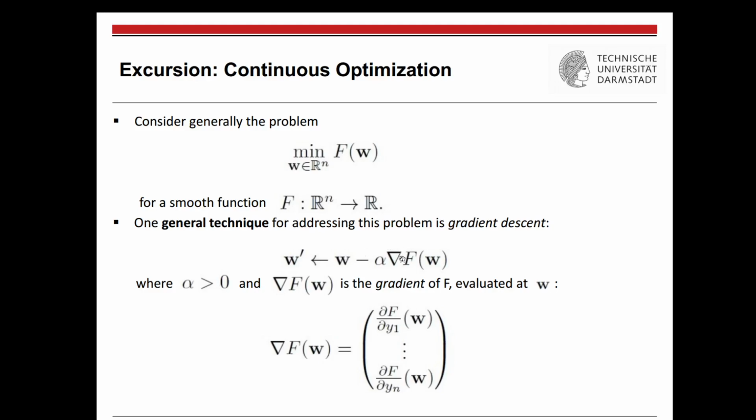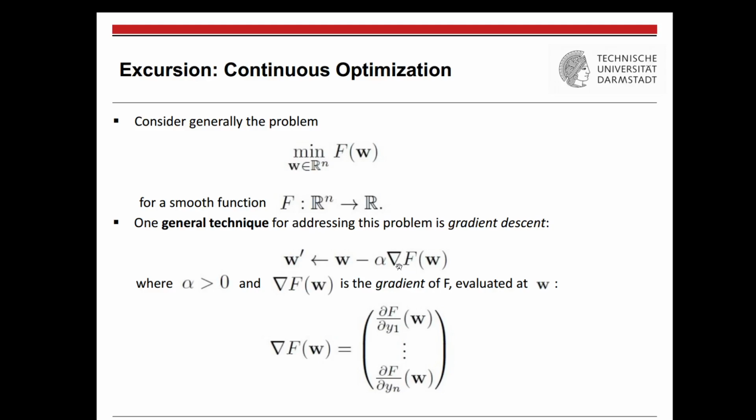Then we compute the gradient of our function f at our initial guess w. And what is the gradient? The gradient is the vector of first derivatives, right? So we compute the vector of partial derivatives with respect to all of the arguments of the function.